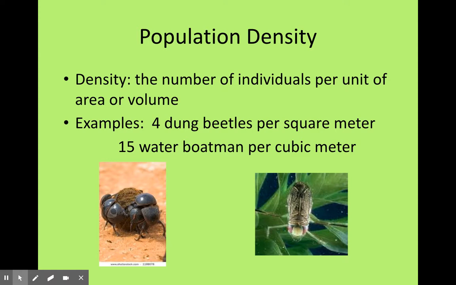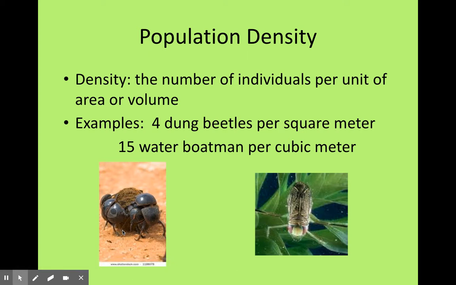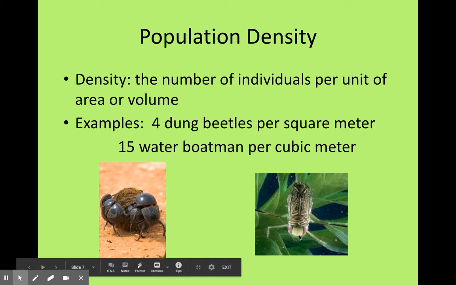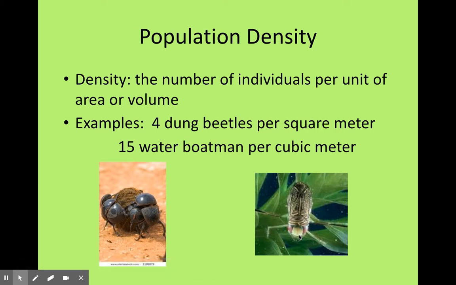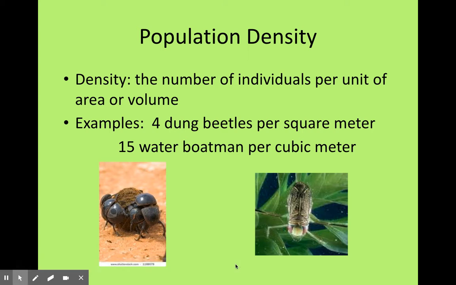So for the beetles down here, this would be maybe we have a square meter, so 4 dung beetles per meter squared, because this would be an area. If we were looking at something in the water, we could say 15 water boatmen per cubic meter, or meter cubed. And that's because volume is meters cubed and area would be meters squared.